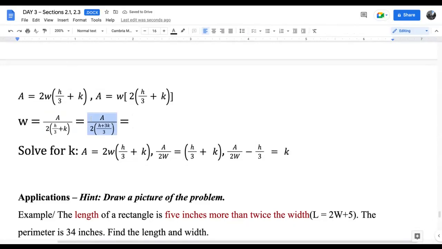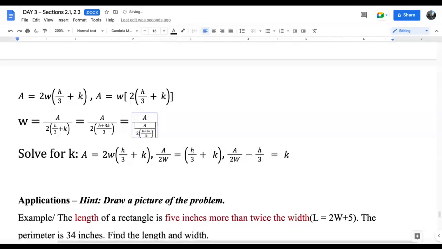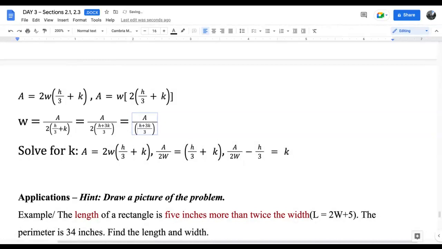If you know the trick, this just becomes 3a.